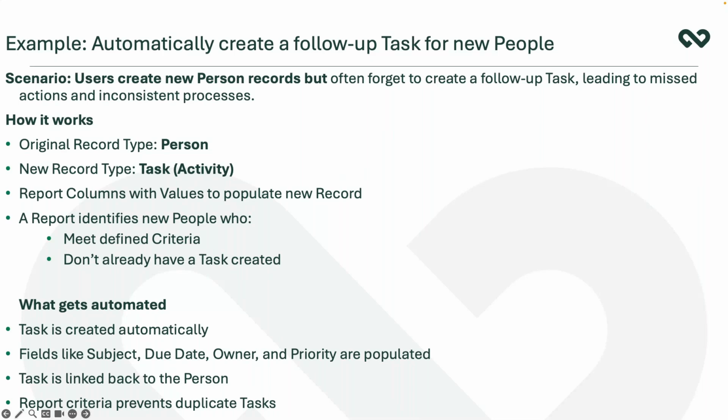We will configure our record creator as so, setting the original record type as person, new record type as tasks, mapping the fields that are to be populated on the task record using the columns from our report, and having a criteria in place to stop duplicate tasks being created.